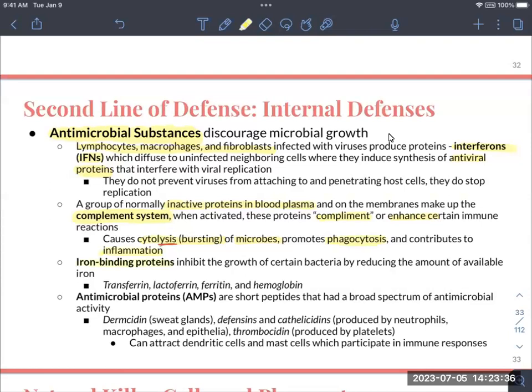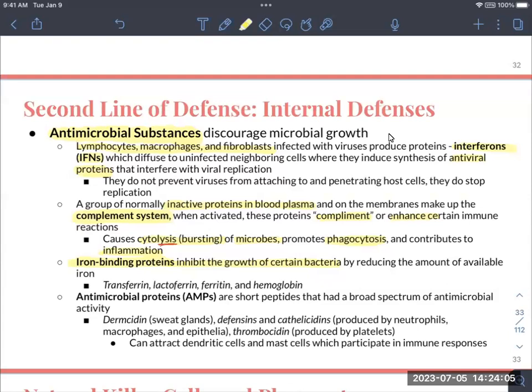Iron binding proteins. Their job is to inhibit the growth of bacteria. If we reduce the amount of iron that is available, some of these different microbes need iron to be able to replicate and to do their job.